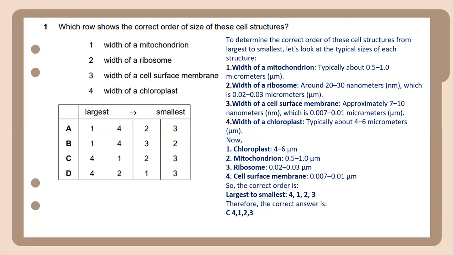So now, chloroplast is between 4 to 6 micrometer, mitochondria is between 0.5 to 1 micrometer, ribosomes is between 0.02 to 0.03 micrometer, and the cell surface membrane is about 0.007 to 0.01 micrometer. So the correct order from the largest to the smallest would be 4, 1, 2, 3.